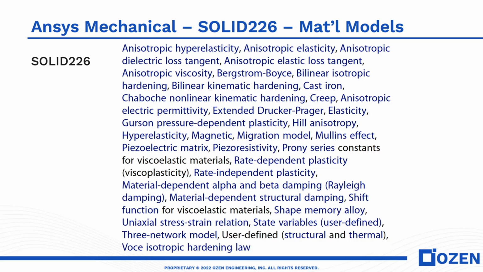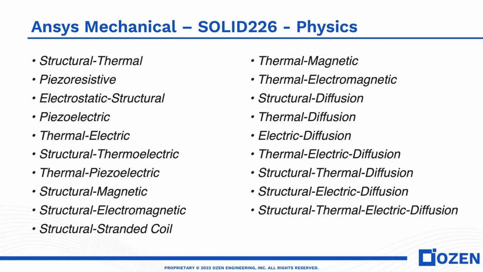In addition to that, this SOLID226 element has a lot of different material models in case you would like to add more complexity, and you can add a lot of nonlinearities to the problem, like material nonlinearities. And in terms of physics, the SOLID226 element is really very versatile.